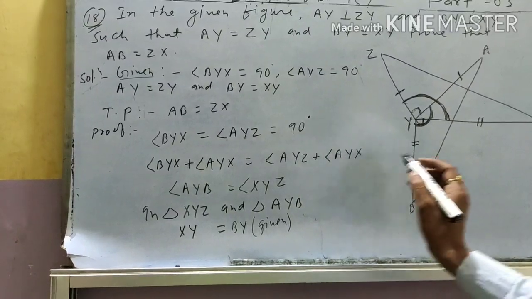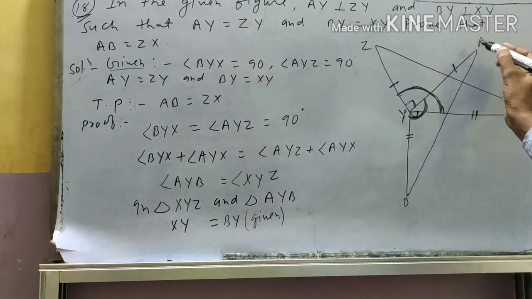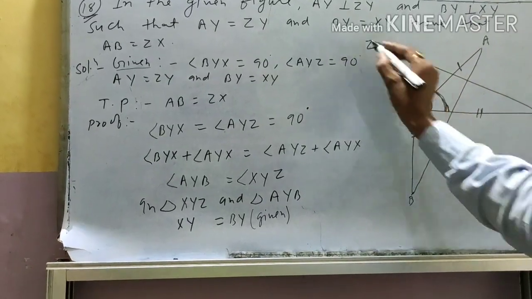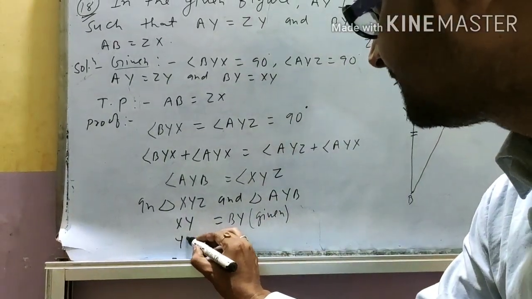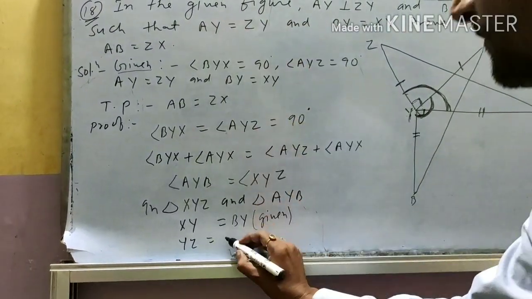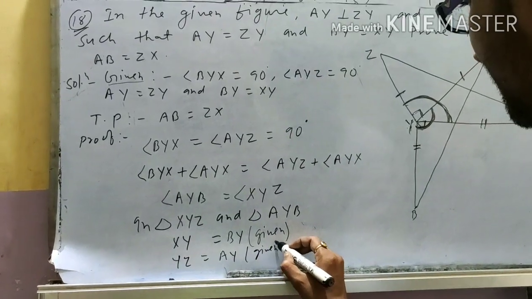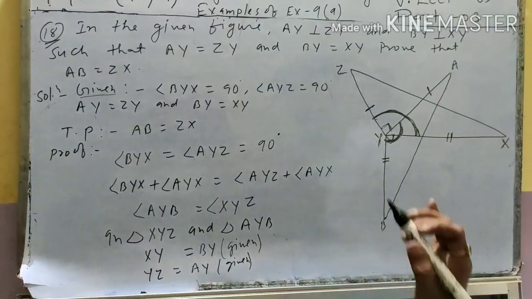Second case, YZ. YZ is equal to AY. This is also a given case. Okay, student, two things.